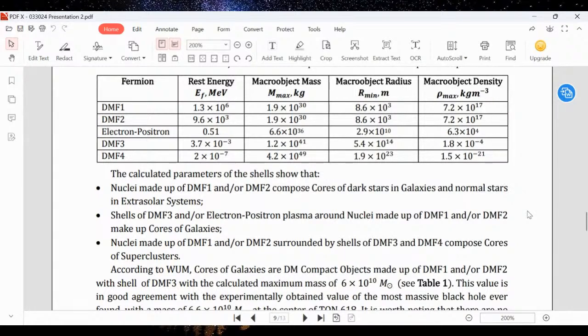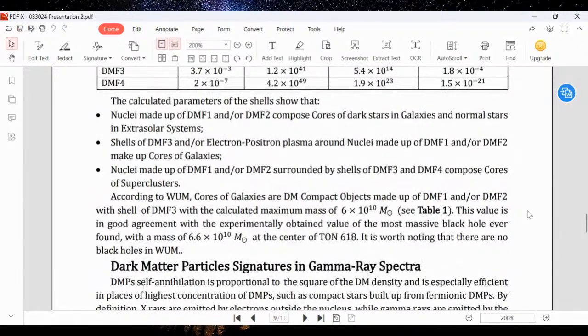Shells of DMF3 and electron-positron plasma around nuclei made of DMF1 and DMF2 make up cores of galaxies. Nuclei made up of DMF1 and/or DMF2, surrounded by shells of DMF3 and DMF4, compose cores of superclusters. According to WOMB, cores of galaxies are dark matter compact objects made up of DMF1, DMF2, with shells of DMF3, with the calculated maximum mass of 6 times 10 to the power 10 solar masses.